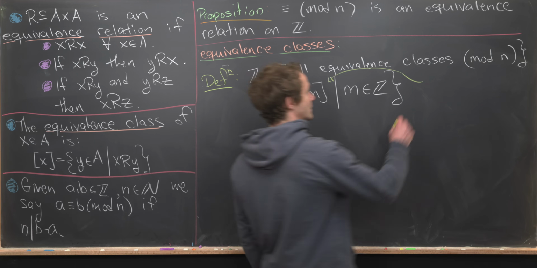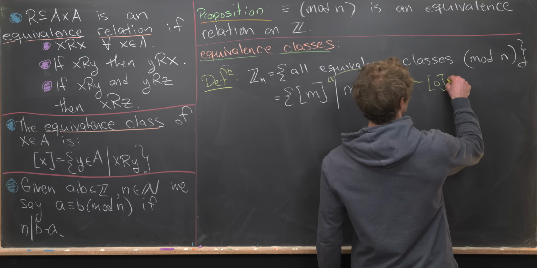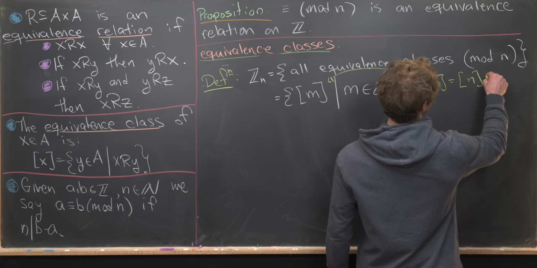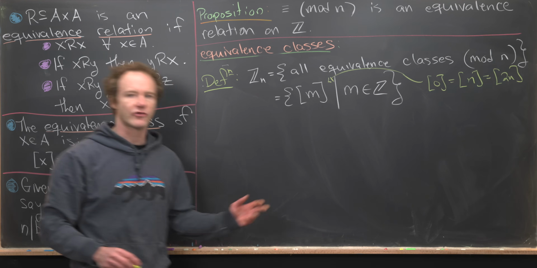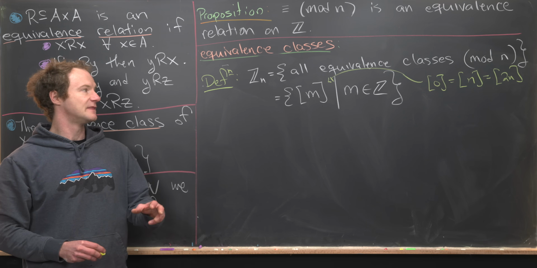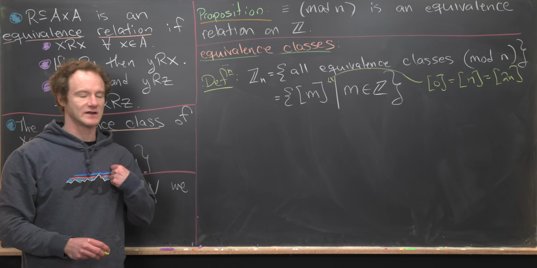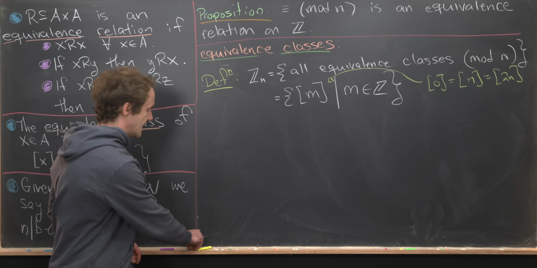So for example, the equivalence class of 0 is the same thing as the equivalence class of n, which is the same thing as the equivalence class of 2n, 3n, and so on and so forth. That's because all of those numbers have a remainder of 0 when divided by n.